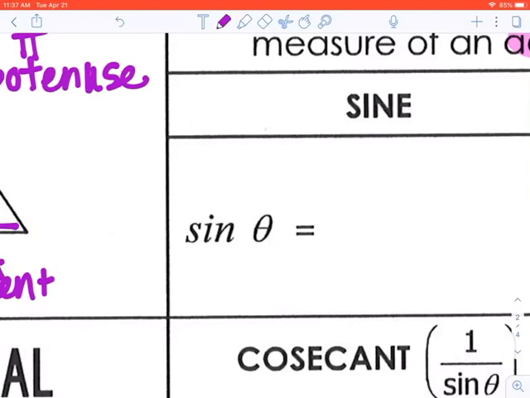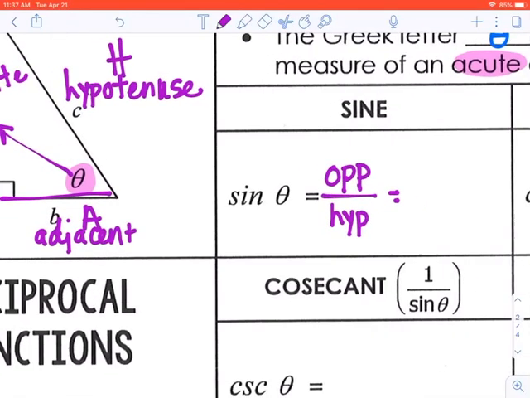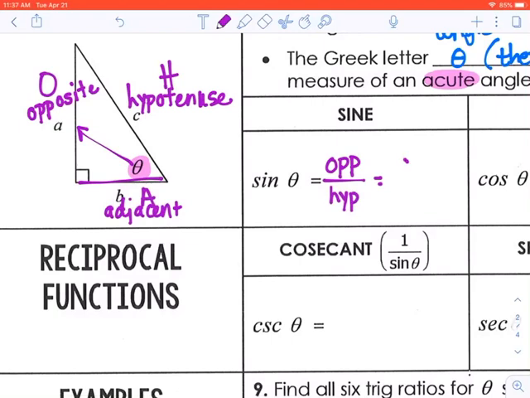And so sine is by definition the opposite leg over the hypotenuse. In this right triangle here, the opposite we would say is A, and the hypotenuse is C. And so the sine of the angle theta has the ratio A over C. Ratio is just a fraction.